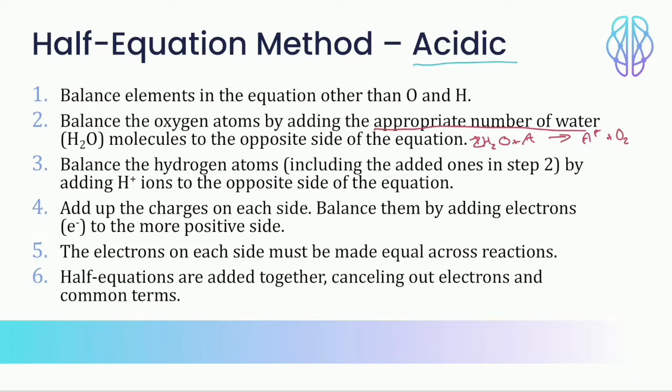Now the next step would be to balance the hydrogen atoms, including the added ones in step 2. Since we added hydrogen atoms with our water, we're going to have to balance that out on the opposite side. In this arbitrary example, I added 4 hydrogen, so I'm just going to add 4 hydrogen on our opposite side here. Let me clear that up.